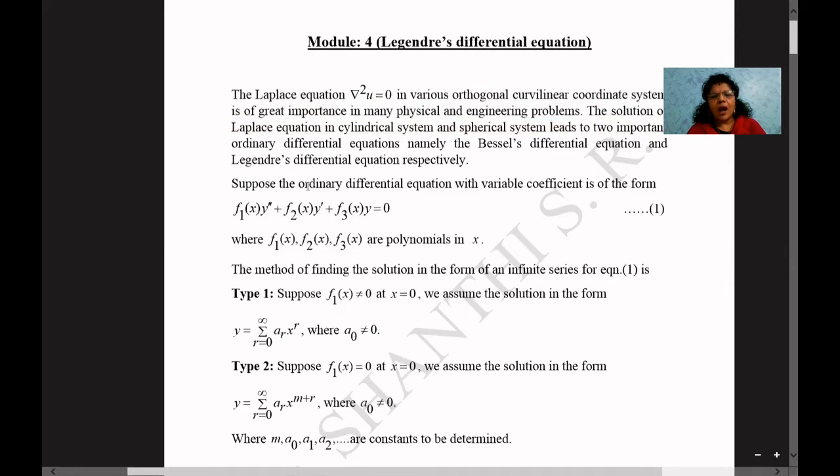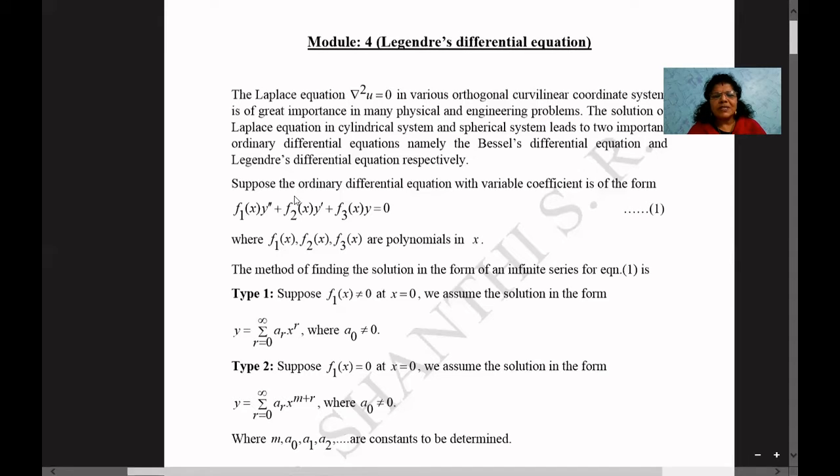That is, the ordinary differential equation of the form f1(x) y double dash plus f2(x) y dash plus f3(x) y equal to 0, where f1 of x, f2 of x, f3 of x are polynomials in x.